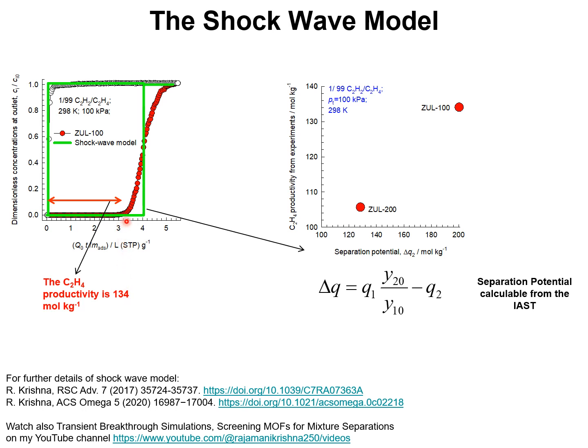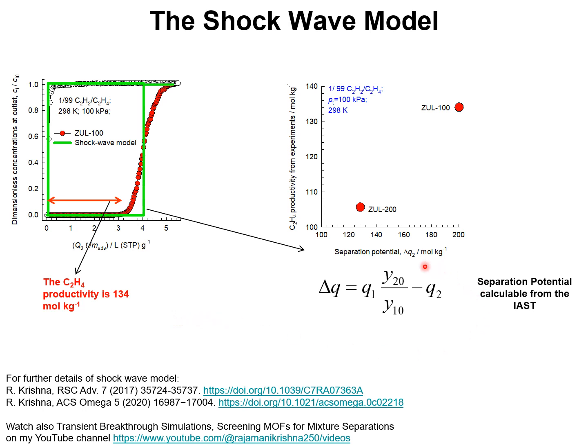The reason the productivity is lower is because of diffusional limitations. The breakthroughs obtained in actual practice have a more distended character than the breakthroughs that result from the shockwave model.